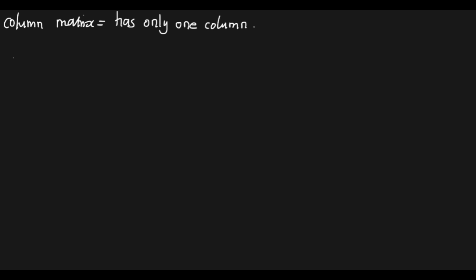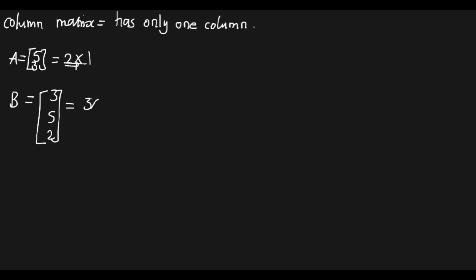If we have this matrix with entries like this, you can see that it is 2 by 1. So this is a column matrix because there is only one column. If we are to give this matrix, it's 3 by 1, so this is also a column matrix. A column matrix is a matrix that has only one column.